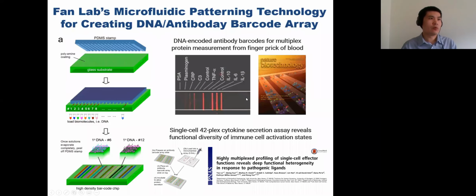So in this way, what we do is we use a microfluidic device to achieve that. Microfluidic devices have long been popular in this field, and our lab has been developing those technologies. And here shows a PDMS stamp method.